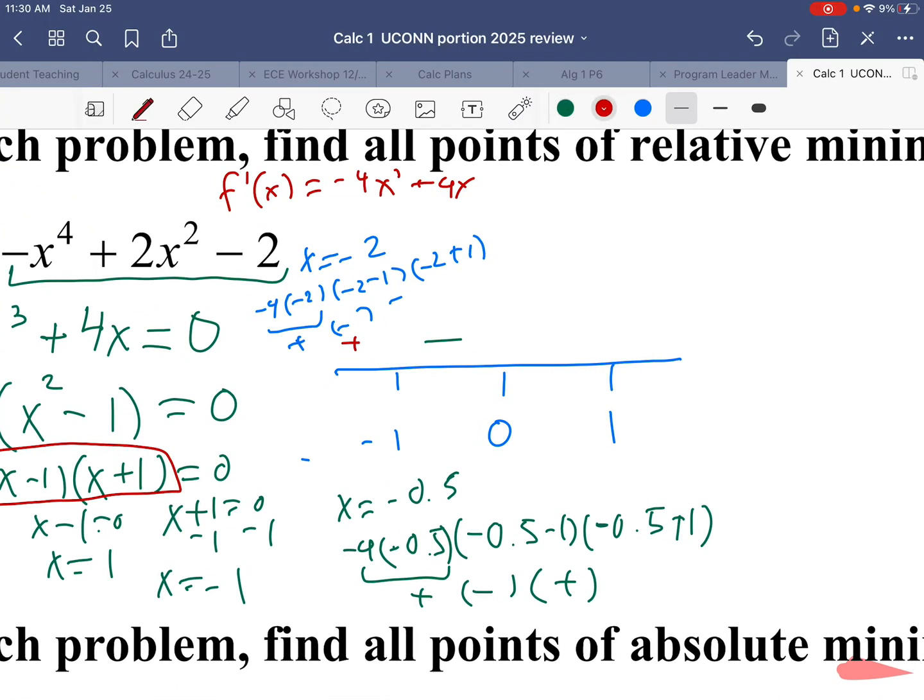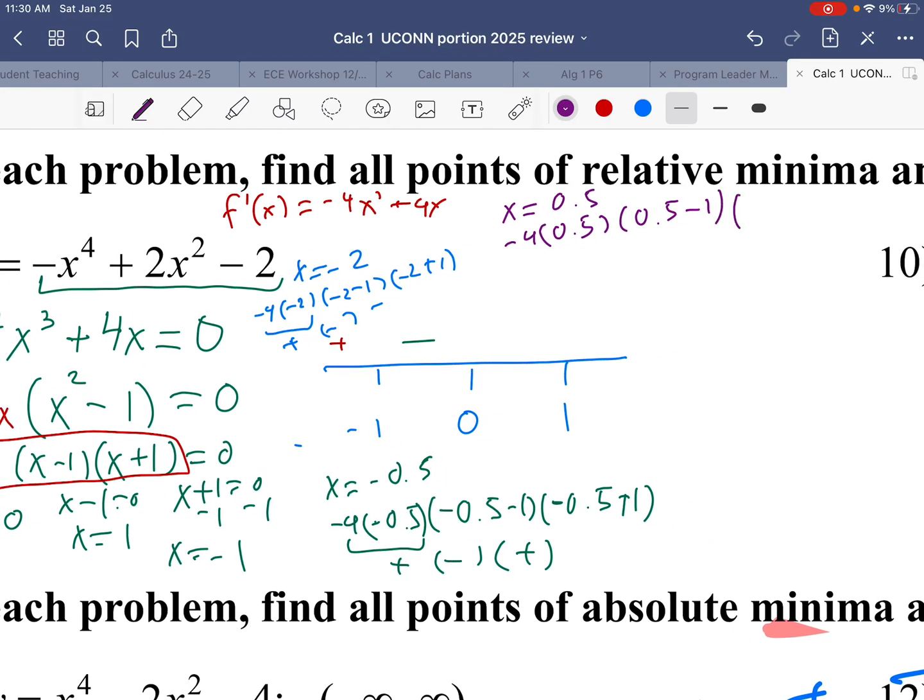Some value between 0 and 1, I'll choose 0.5 again. So it's -4 times 0.5, 0.5 minus 1, and 0.5 plus 1.